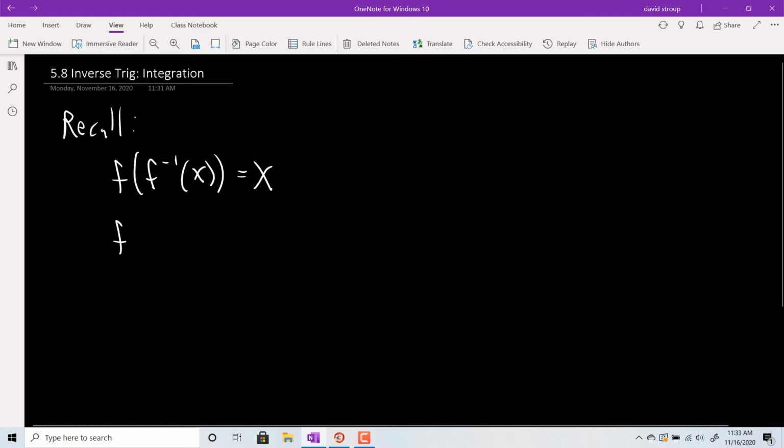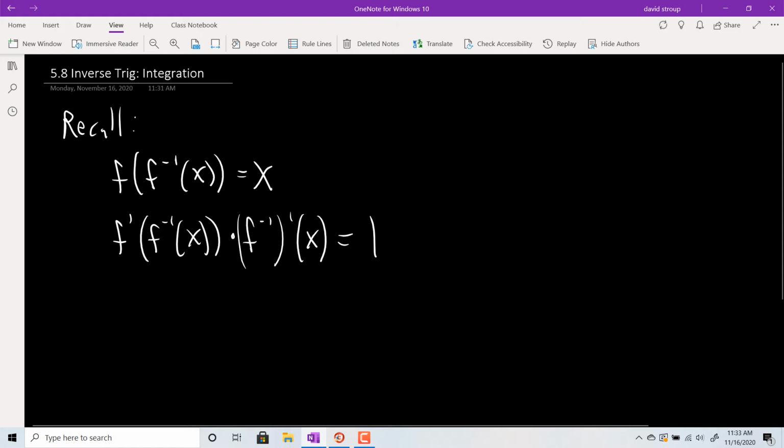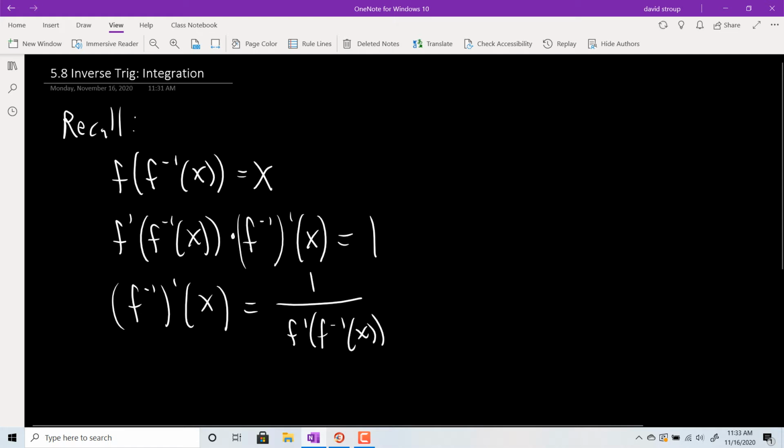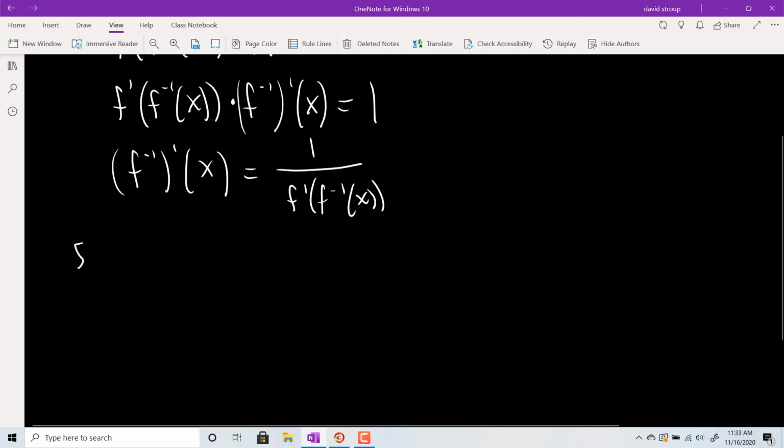So this would be on the left f prime of f inverse of x, and then times, from the chain rule, the derivative of the guts, which would be f inverse prime of x, and on the other side we just have 1, and then we could solve for f inverse prime, right? So f inverse prime of x would equal 1 all over f prime of f inverse of x.